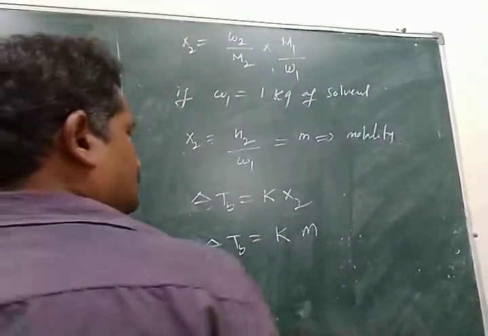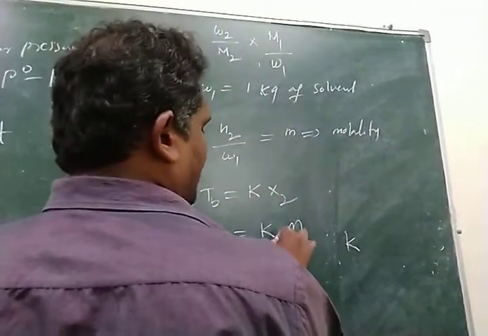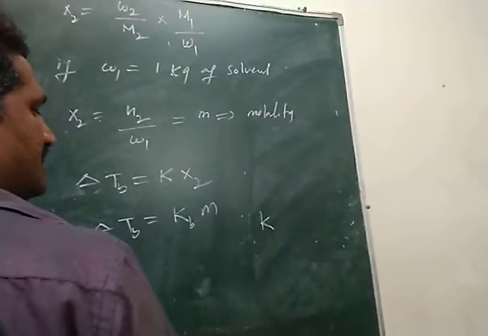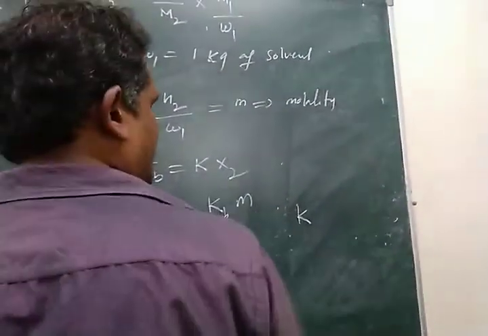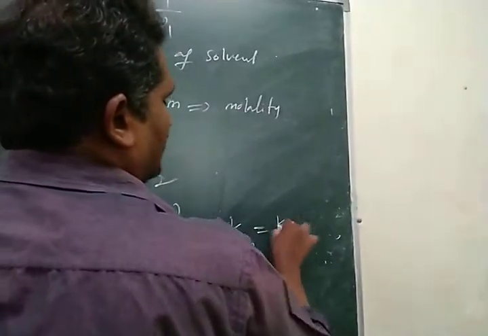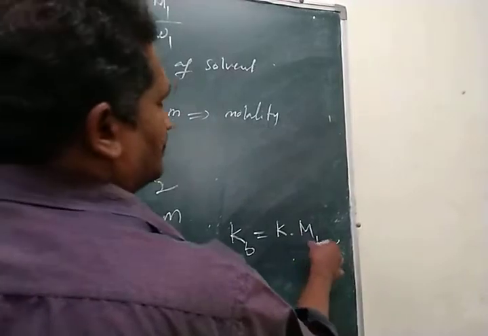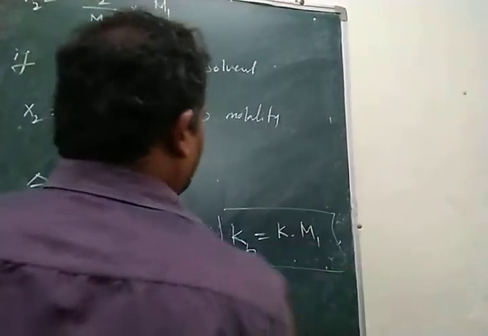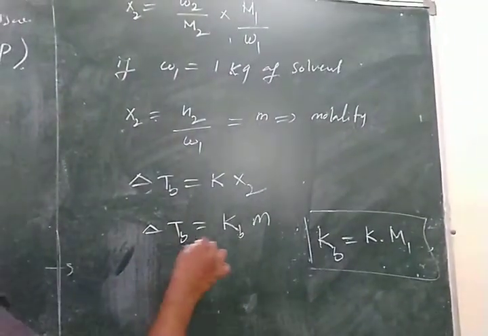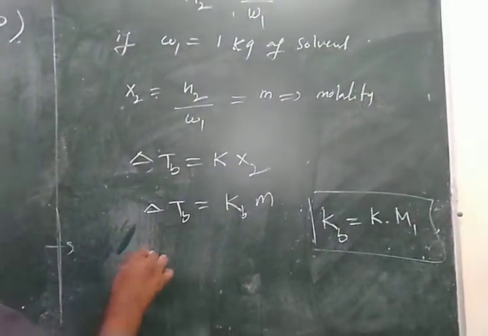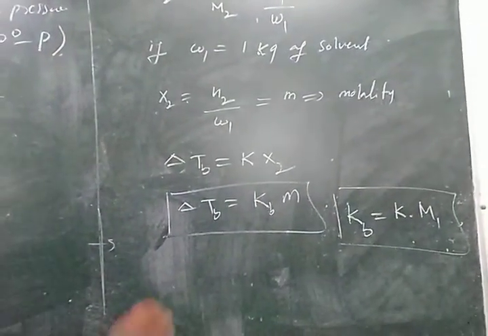Here K we write as the constant KB. KB is the ebullioscopic constant, which we will discuss later. Now KB equals K into the molecular mass of the solvent. So here delta TB equals KB into molality. This is the main equation for the elevation of boiling point.